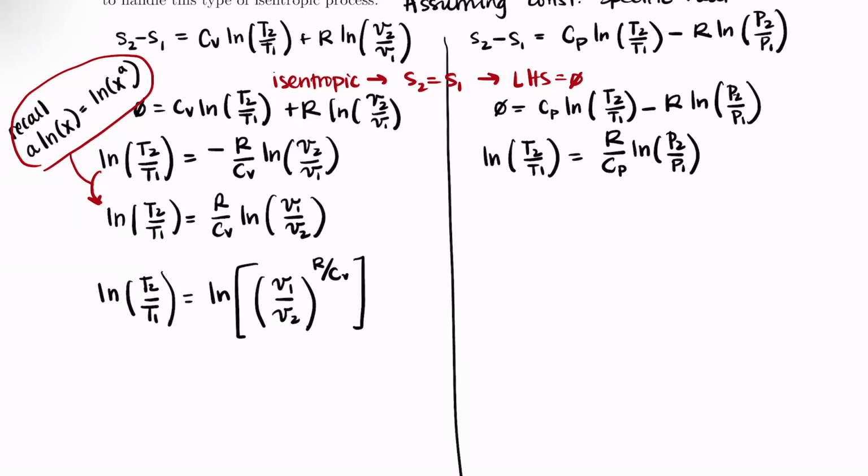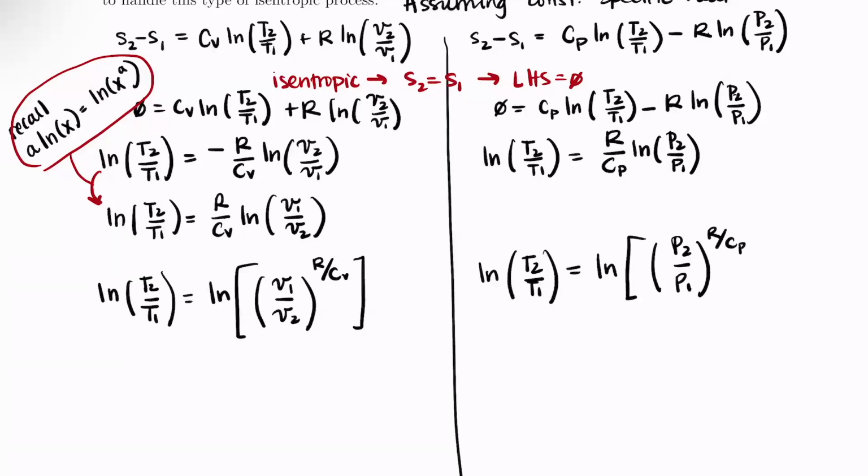And then same thing over here. So I have natural log of T2 over T1 is equal to natural log of P2 over P1 raised to the power R over Cp. Okay.